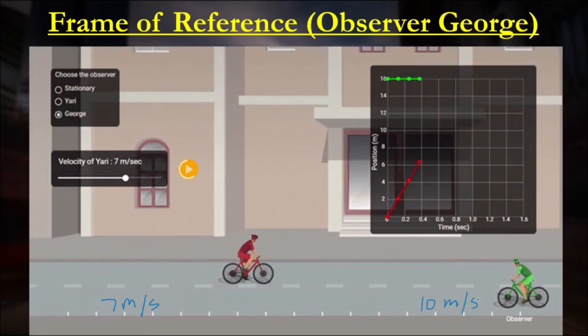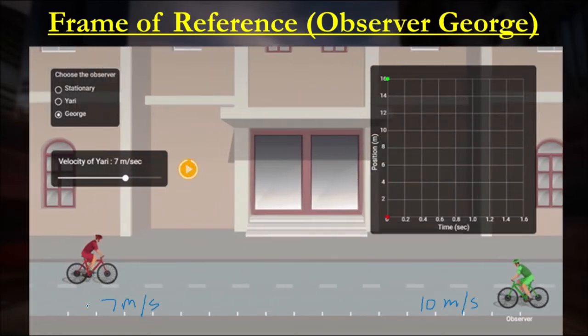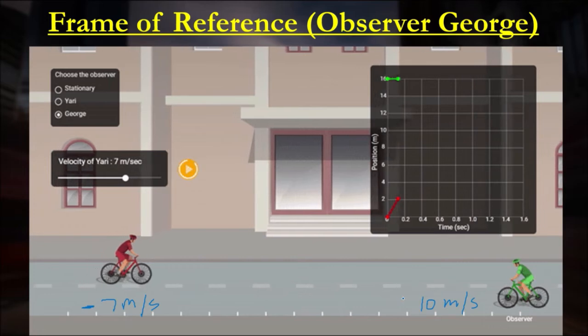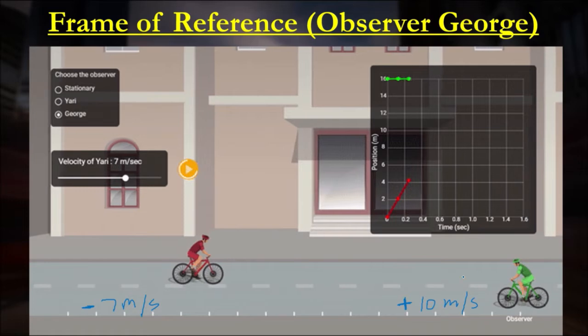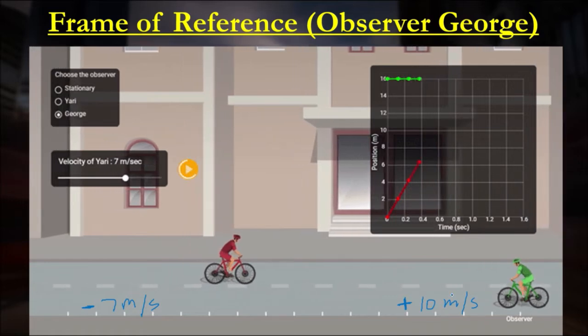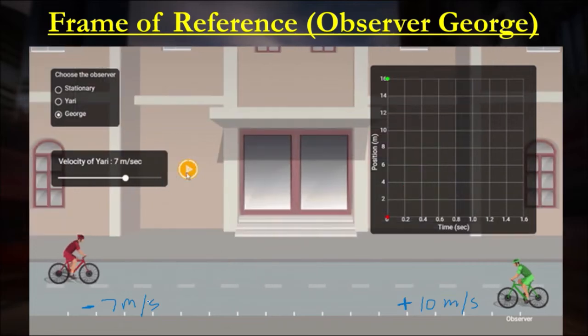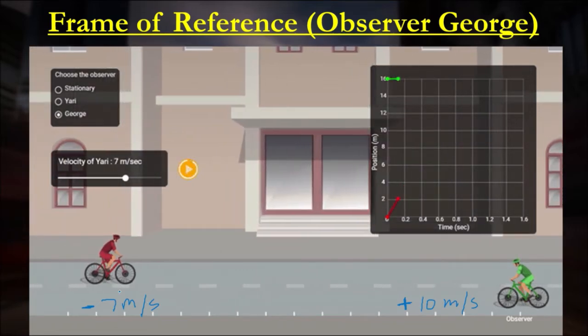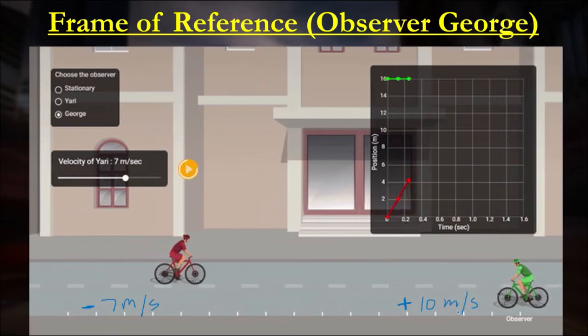Now they are moving in the opposite directions of each other. So let's say Yari was moving in the negative direction and George was moving in the positive direction. If we compare the velocities, so according to the stationary observer that we had before, Yari was moving negative 7 meters per second and George was moving plus 10 meters per second.